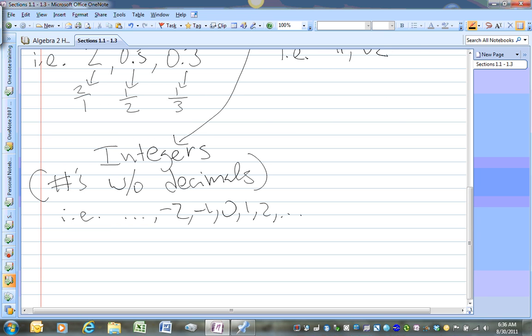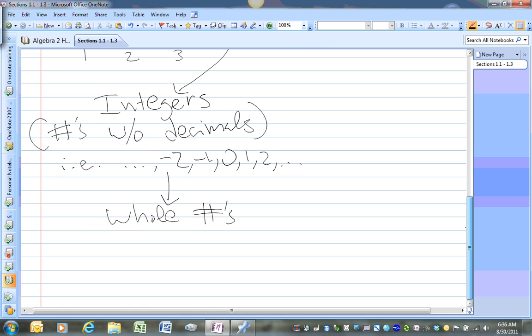Below the integers will be the whole numbers. And we'll kind of stop after the whole numbers.